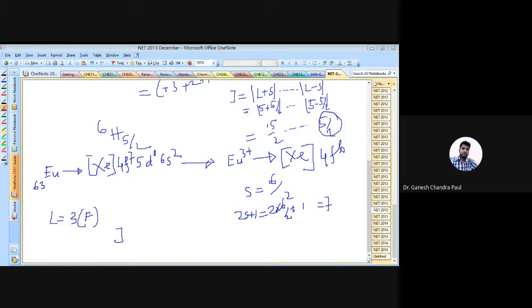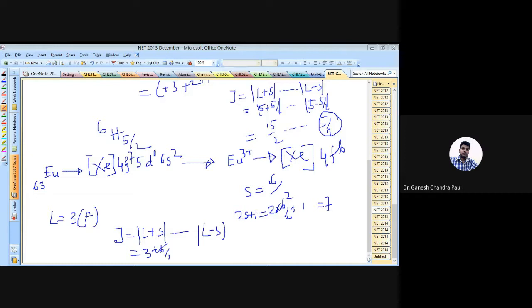The J value, as it is also less than half filled, will vary from L plus S to L minus S. The L value is 3 and the S value is 6 by 2.